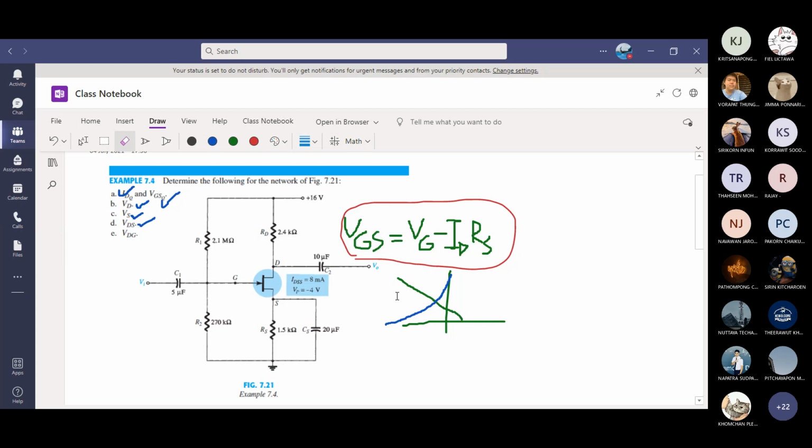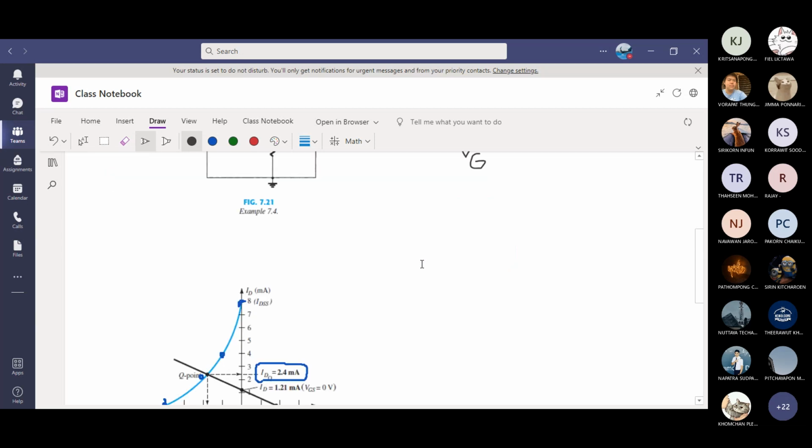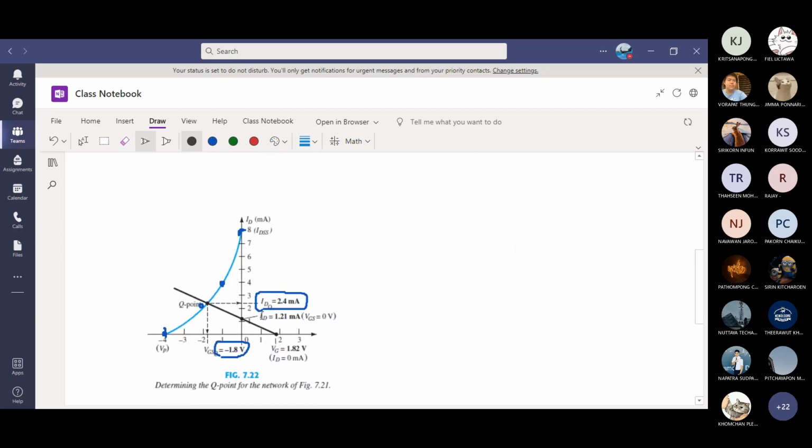We'll do this problem in the next class, but I'll show you the hint. This is VG. When VGS is 0, what is ID? It is VG over RS, which turns out to this point, the black point. You join the line and then extend.